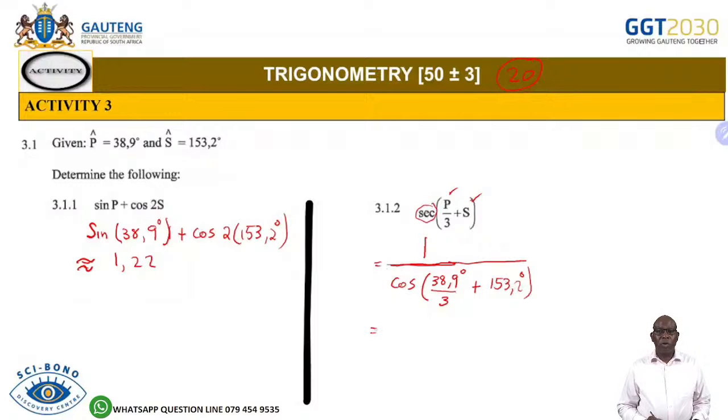Then you use your calculator. You use the fraction button: on top you put a 1, at the bottom you put cos, open bracket, all those angles in there, close the bracket. Your answer is approximately negative 1.03.